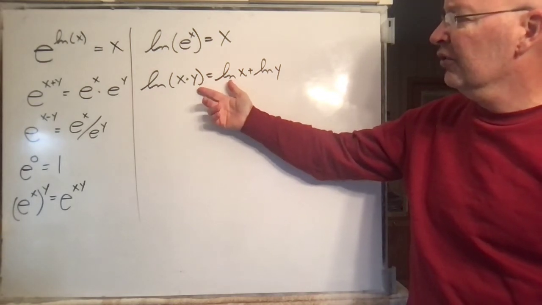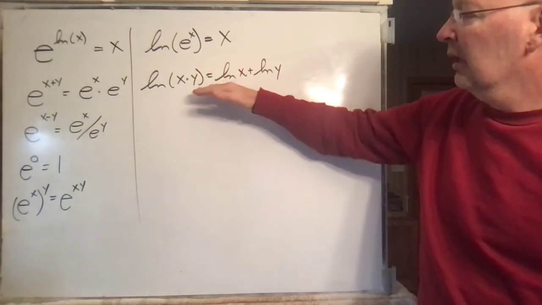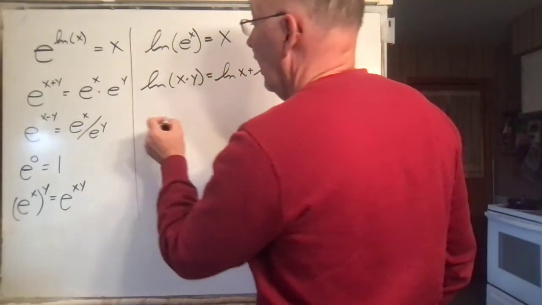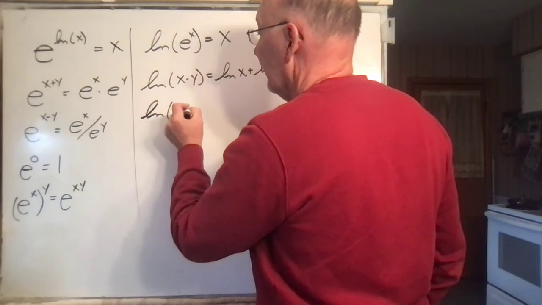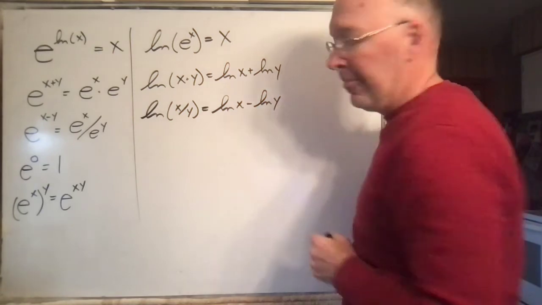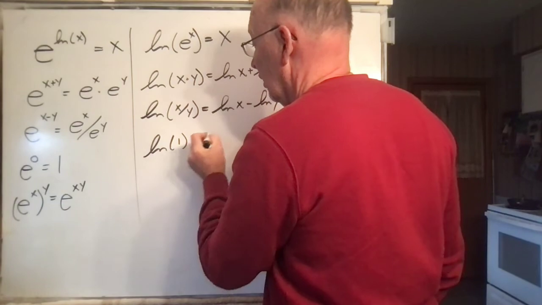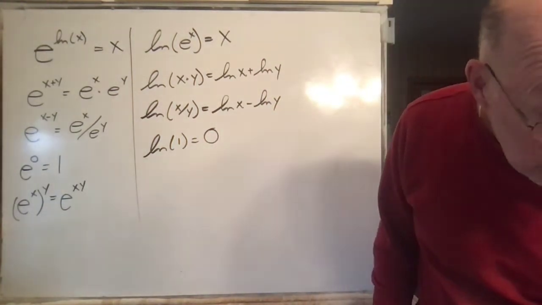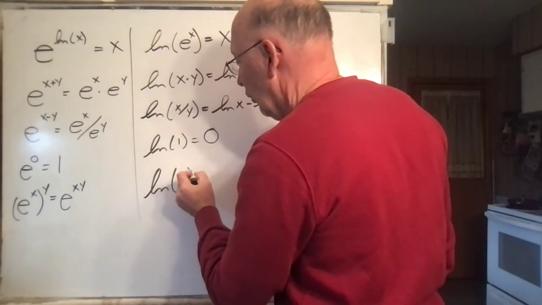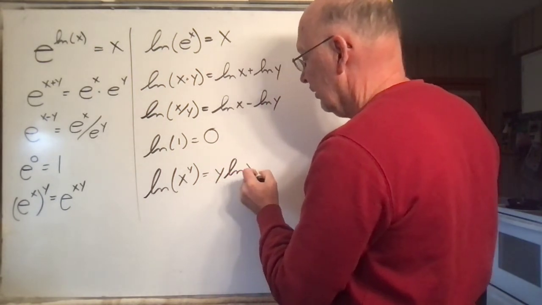In the first few sections, we go through properties of these functions, so I do it there if you're interested. Similarly, the ln of x divided by y is the ln of x minus the ln of y. And the ln of 1 is equal to 0. And finally, the ln of x to the y power is y times the ln of x.